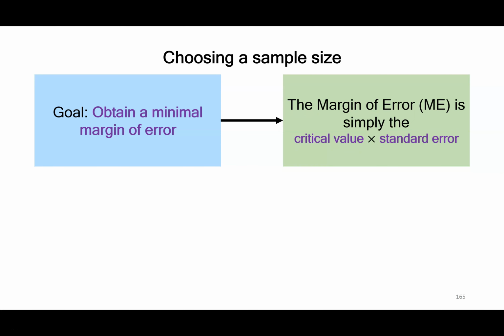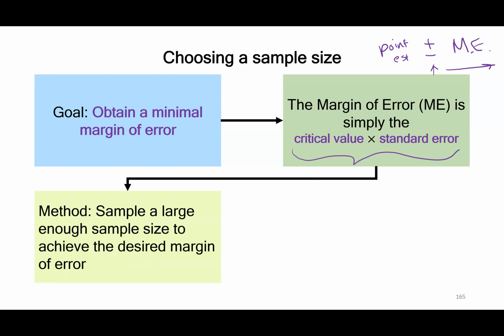So your margin of error, it's that critical value times your standard error. It's everything after, so you have your point estimate plus or minus your margin of error. It's everything that comes after the plus or minus sign. Anything afterwards, that's your margin of error. So then you have to get a method.